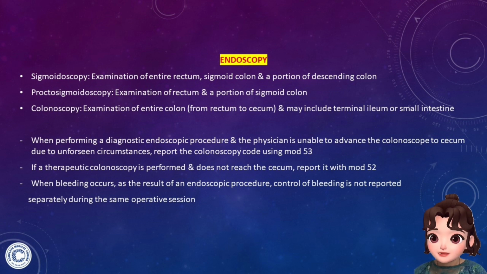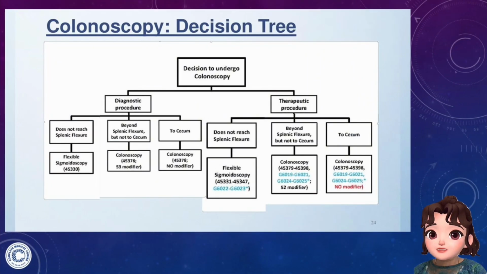So there is a colonoscopy decision tree. From the tree, you can identify it easily. Decision to undergo colonoscopy: initially, the physician decides to perform a colonoscopy.